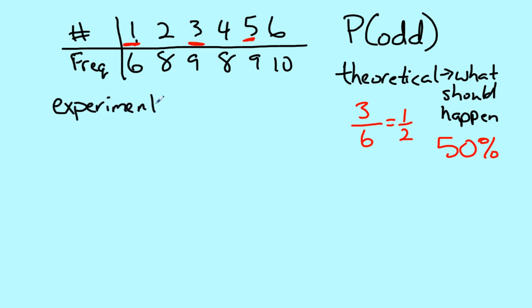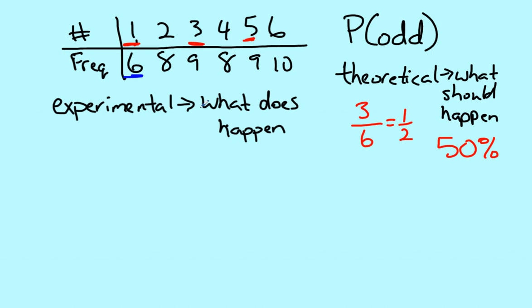So we said experimental probability is what does happen, what actually occurs. And in order to have experimental probability, you have to have an experiment. You have to collect data, such as Mr. Velez did for us.